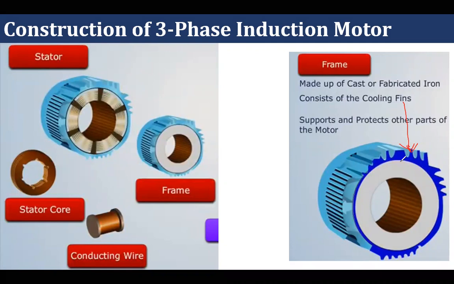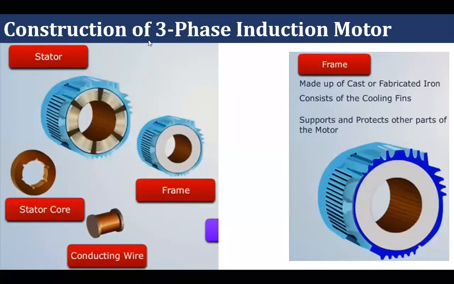Whenever motor runs, it dissipates some power, which is basically the losses that happen within the motor, and so that heat must be dissipated. So the outer surface is doing this task. With the help of cooling fins, we are basically increasing the surface area so that the cooling will happen faster without increasing the diameter of the motor. It also supports and protects other parts of the motor.